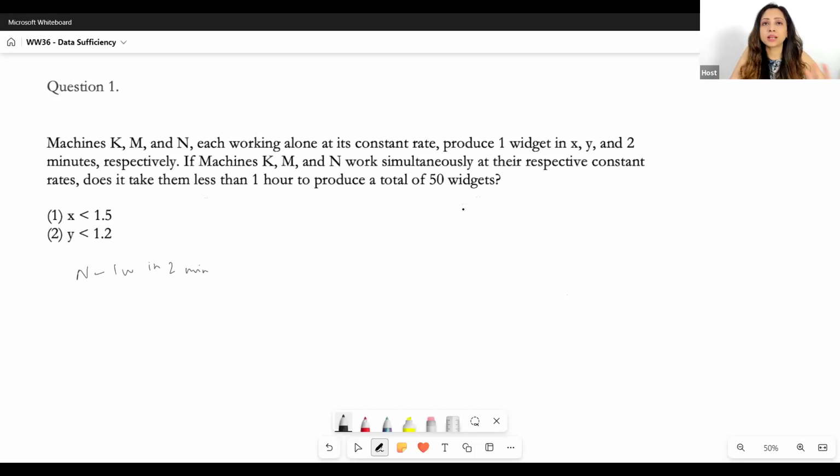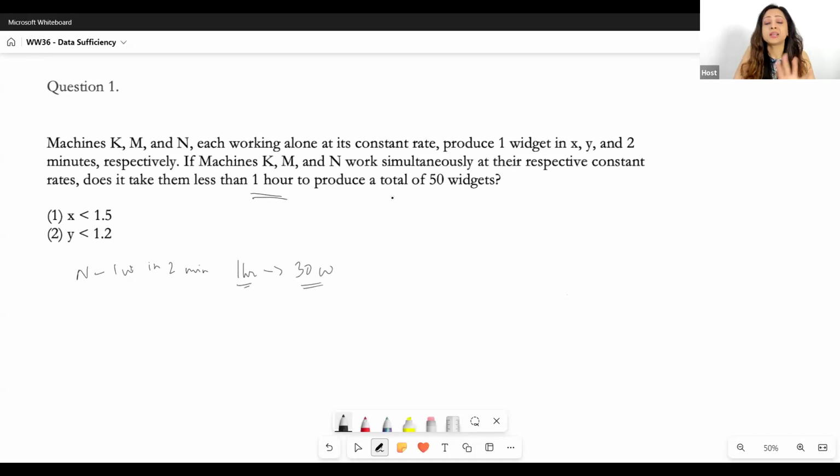Now, the only thing that I do know is that N produces one widget in 2 minutes. Since they're asking us about the hour, one widget in 2 minutes means in 1 hour, that is in 60 minutes, it is producing how many widgets? 30 widgets. So I know that N alone is producing 30 widgets in 1 hour.